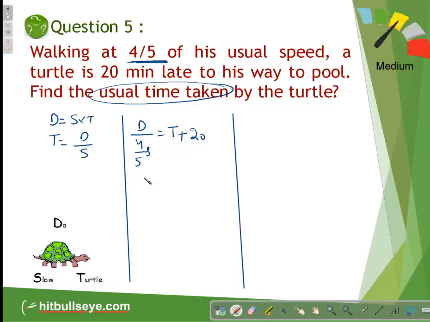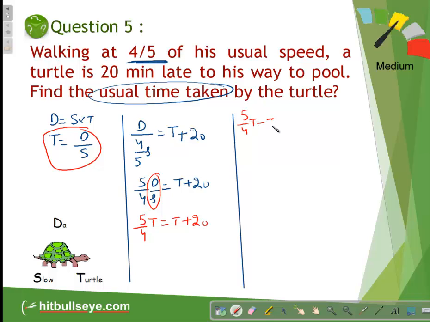So in the next step, 5/4 d by s is equal to t plus 20, and as we are aware, what is d by s? D by s is t. So we will put 5/4, instead of d by s we'll write t, is equal to t plus 20, and in the next step it will be 5/4 t minus t is equal to 20.